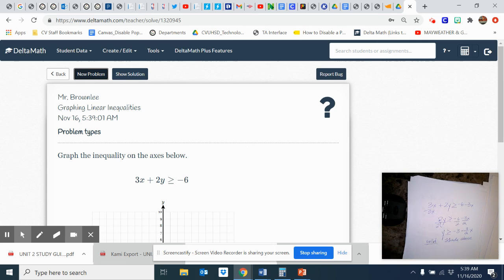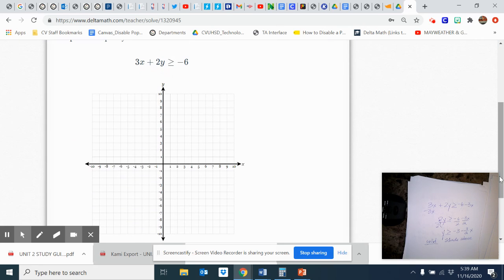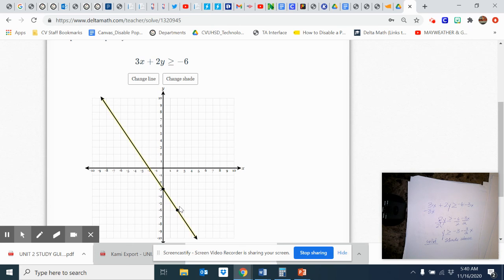Okay. Because it's greater than or equal to. So we're going to start at -3, and then we're going to go down 3: 1, 2, 3, and over twice. And then we've got a solid line, and we're going to shade above it.